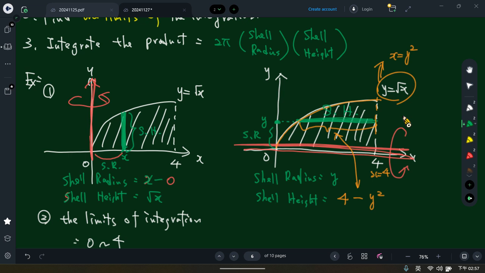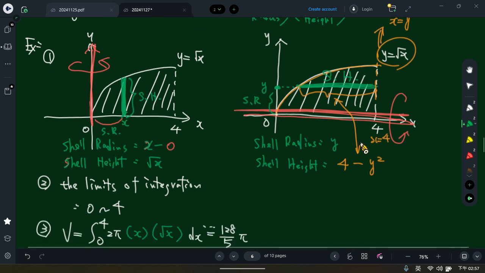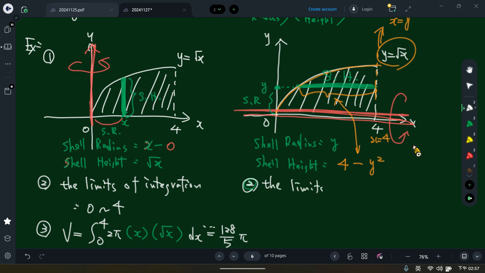Okay, so right now we already have shear radius and shear height, and we also know the limits of integration will be from 0 to 2, because here the endpoint is 2.